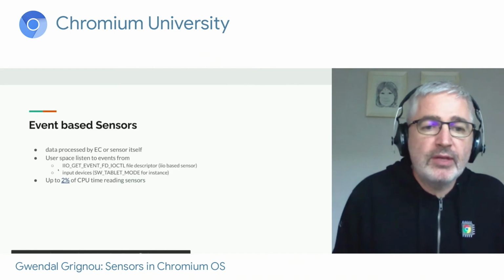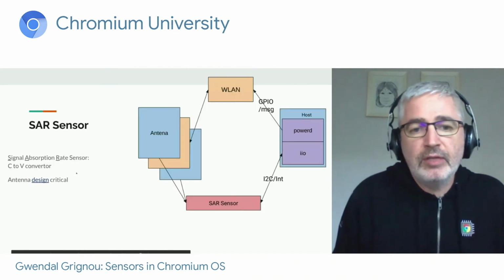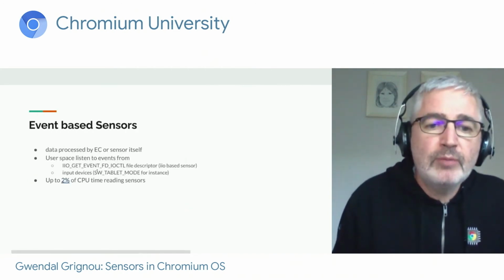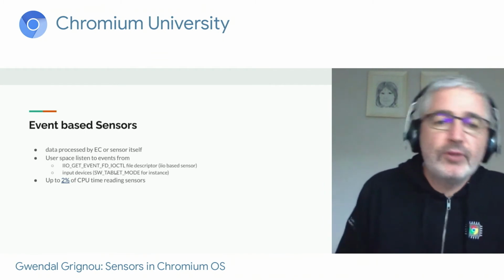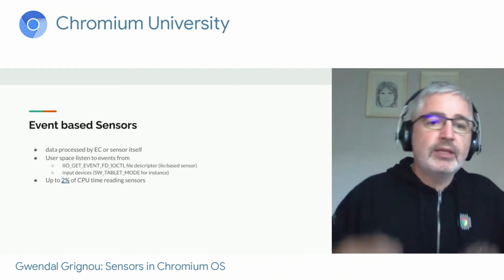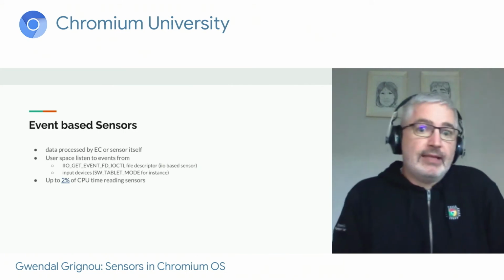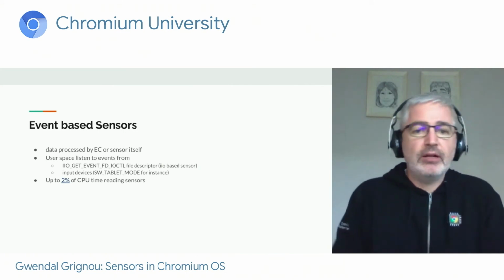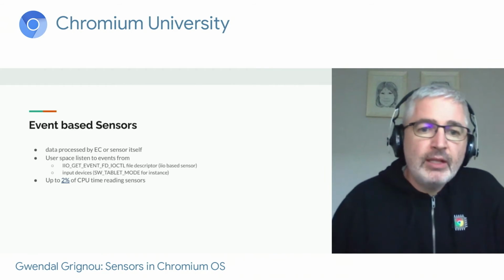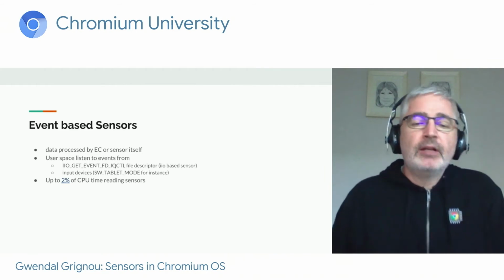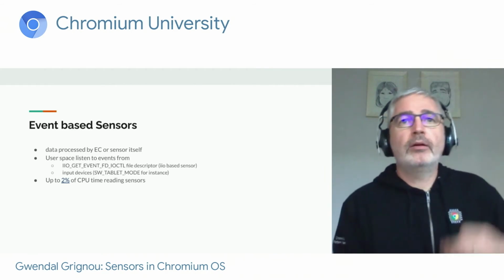So that's where the EC has defined an input device where it will send a pseudo key called software tablet mode to indicate that we are either in clamshell or in tablet mode. There is also the IO sensor.